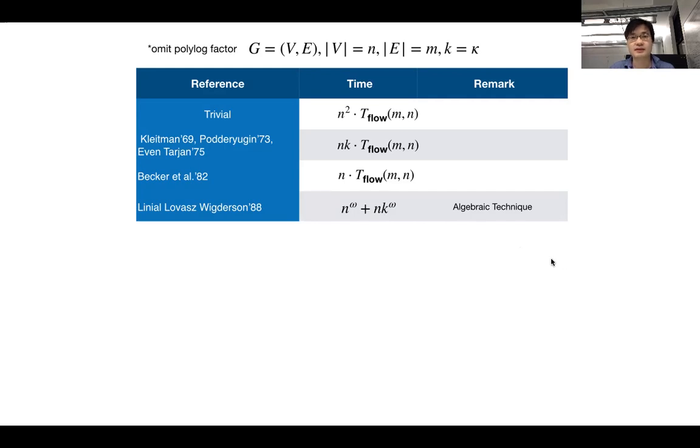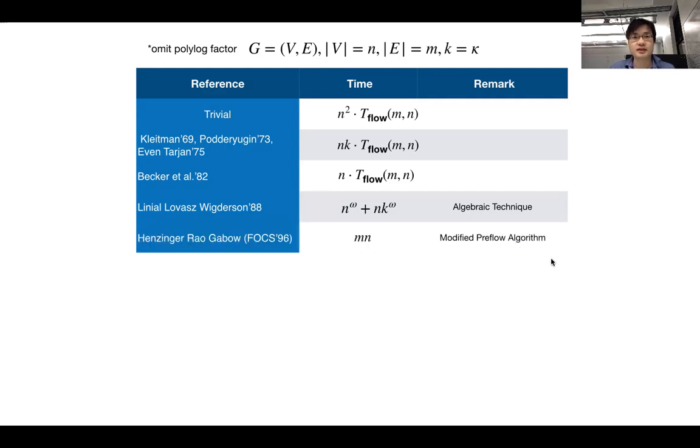And then the next improvement is by Henzinger, Rao, and Gabow in 96, which gives an O(mn) time algorithm for computing vertex connectivity. One remark here is that this is also a max flow based algorithm.